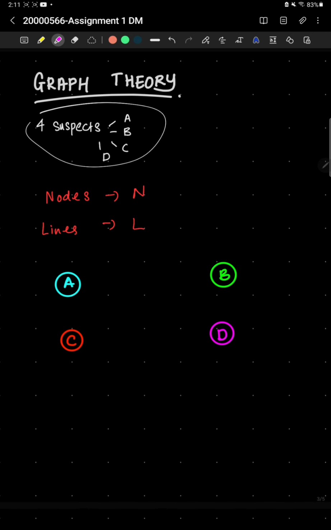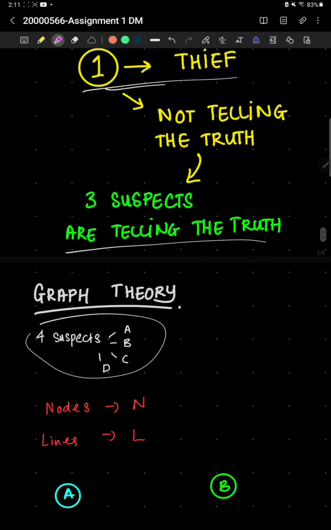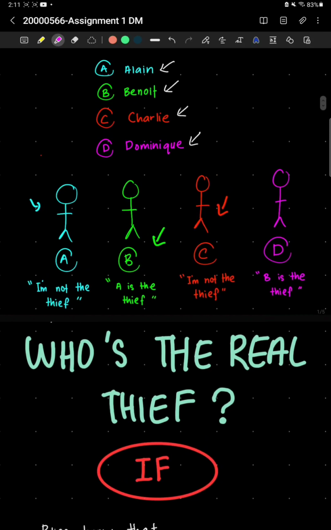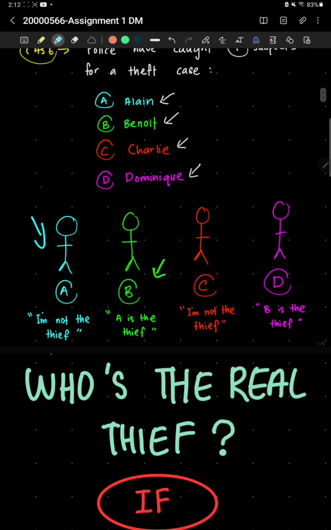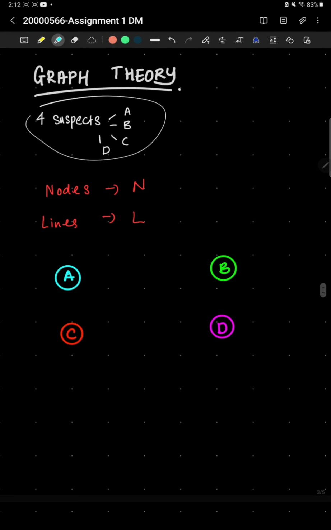Now what we need to do is see their statements again. First we see A's statement. A said, "I'm not the thief." What does it mean? He is accusing B, C, and also D, like I said before. So now we are going to accuse B, C, and D from A's perspective, like this. Settled.